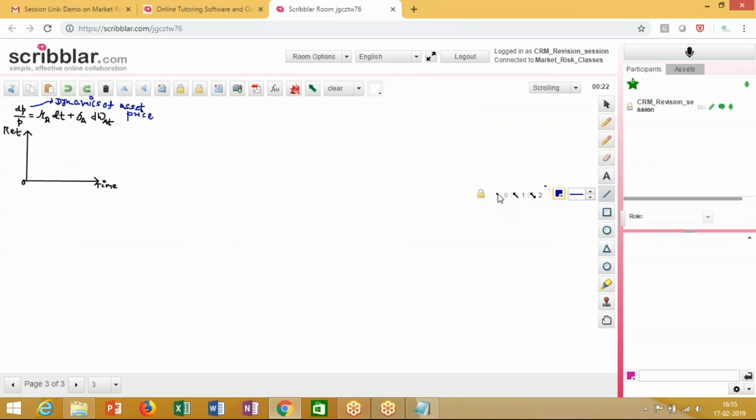Now over here, this is the long run average value of the asset, right? Now the asset price starts moving about it. Let's say the asset price is something like this, right?